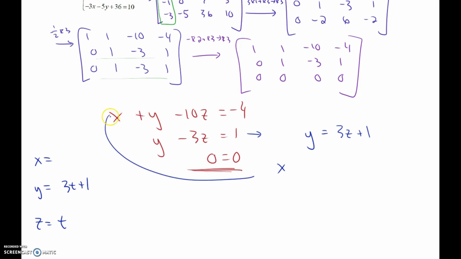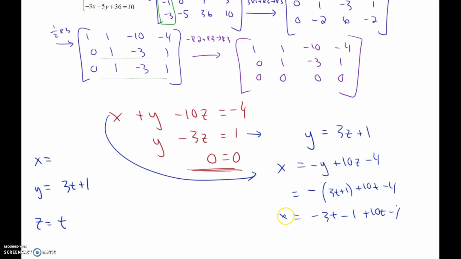So x is equal to, I'm just getting this one right here. That's equal to negative y plus 10z minus 4. Negative, but y is 3t plus 1 plus 10, and the z is t. So that's negative 3t minus 1 plus 10t minus 4. So x is equal to 7t. Oh, it's getting a little sloppy there.